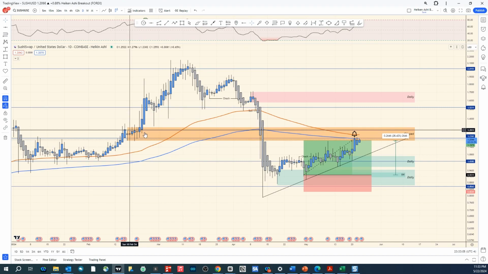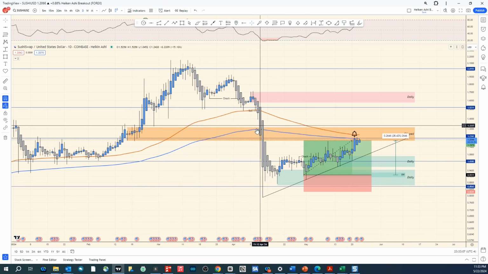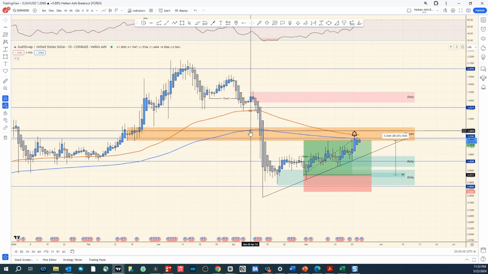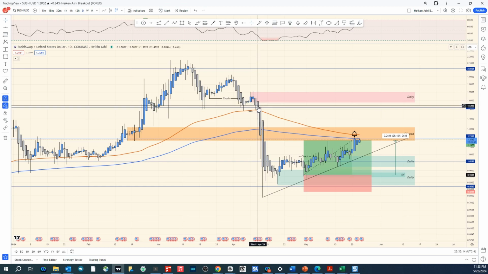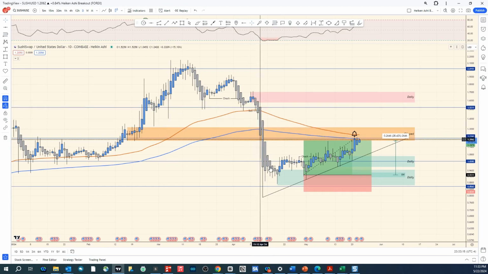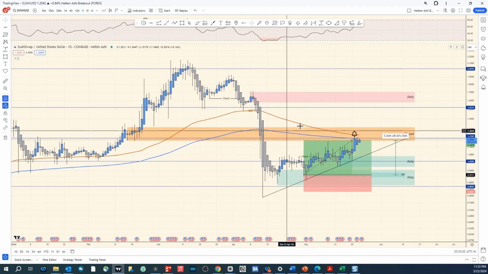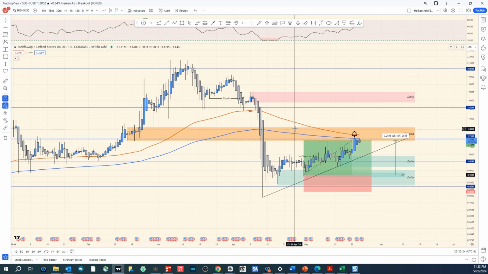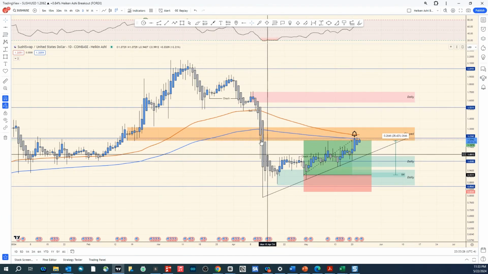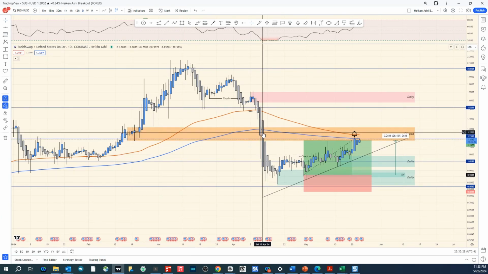However, we don't just blindly buy crypto. So we wait. What happened was price literally just slashed through this area without any hesitation. So now this area is an area of interest since price didn't really find a home, if you will, in this little flip zone.